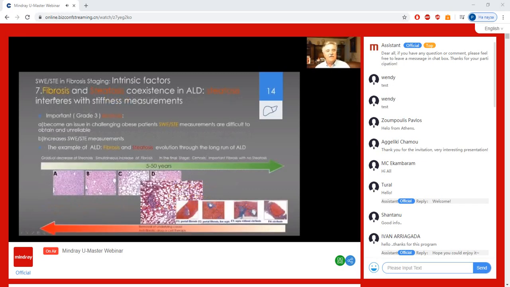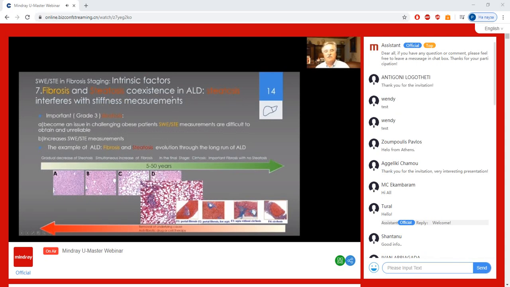This third case is on a very common illness, alcoholic liver disease, where fibrosis and steatosis coexist.